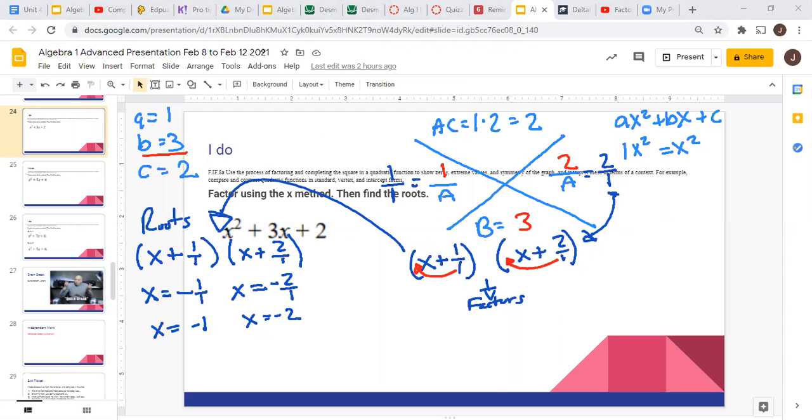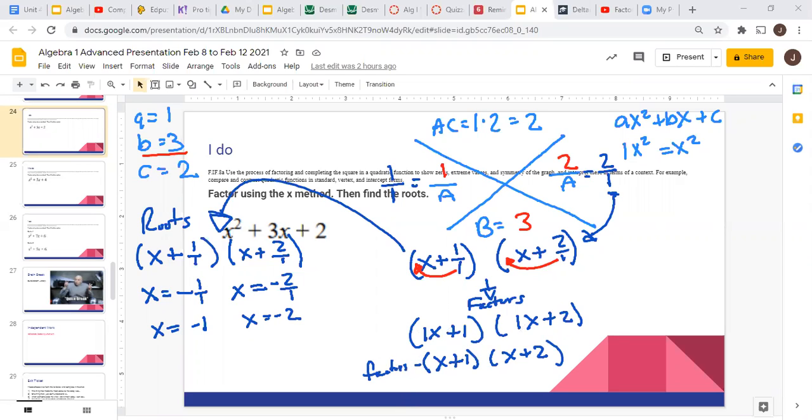Okay, in this case, it's 1, but it isn't always 1. So when we do that, we get 1x plus 1, right, times 1x plus 2. Now, you know 1 times anything is itself, so you could simplify it to x plus 1, x plus 2, okay? And those are our factors.